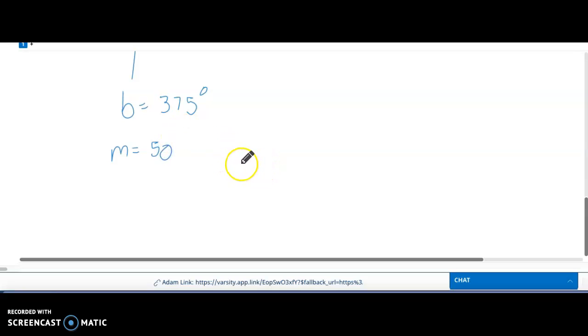Okay, so then that means we have the y equals mx plus b, and then y is going to be 50x, but it's cooling down, so that means it's going down, so it's negative, plus 375 degrees.